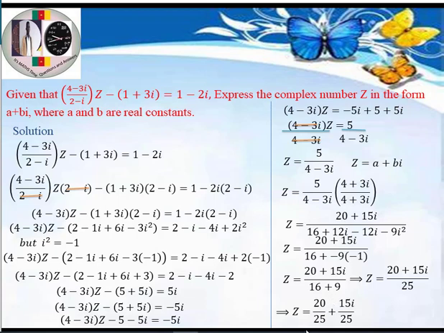And if we do this, 5 will go into 20 4 times, into 25 5 times, and 5 will go into 15 3 times, and into 25 5 times. So we are going to end up with z equals 4 on 5 plus 3i on 5. So we see that we have it in the form a plus bi, where a is 4 on 5 and b is 3 on 5.